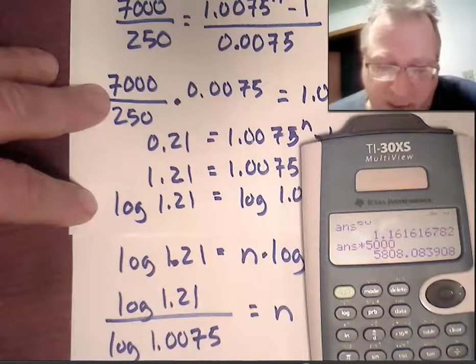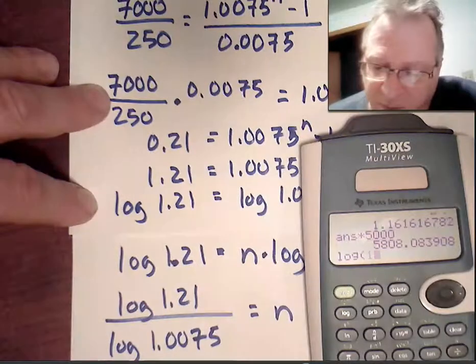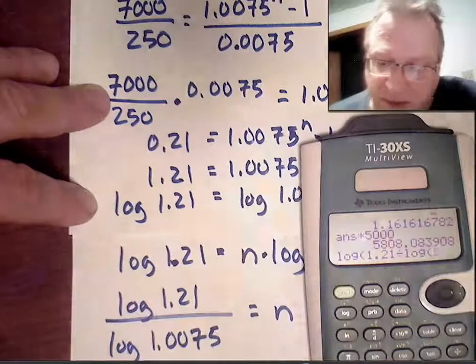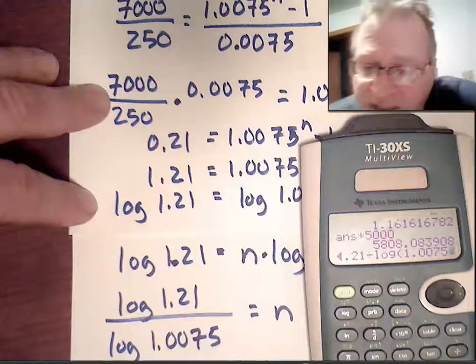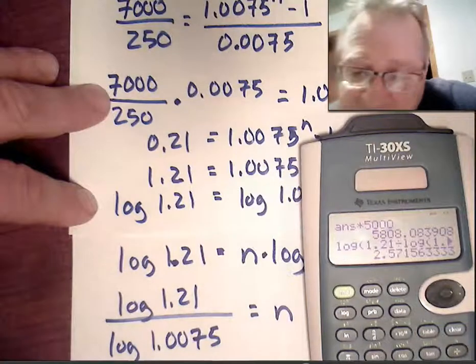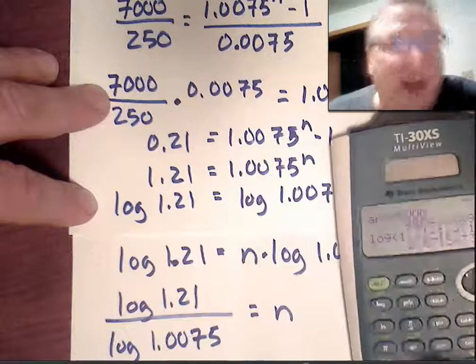I've used it. So what I do is push my log button, 1.21 divided by log button, 1.0075, and if I did that right, I get a wrong answer.